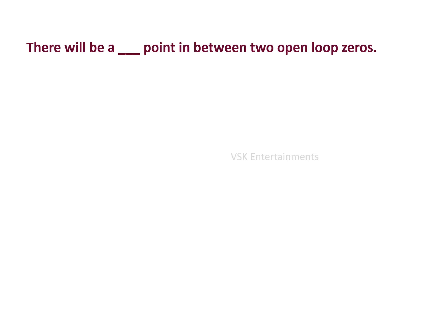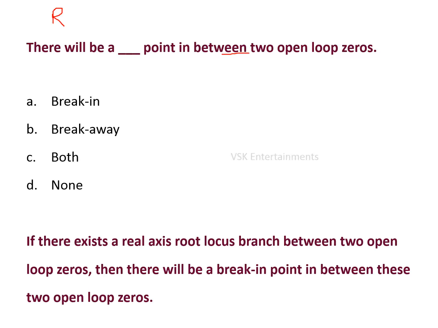Okay, coming to the next one: there will be a dash point in between two open loop zeros. Options are break in, break in and break away, and none of the above. This bit is also related to root locus. If there exists a real axis root locus branch between two open loop zeros, then there exists a break-in point.